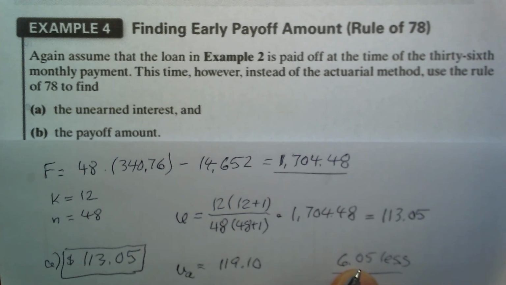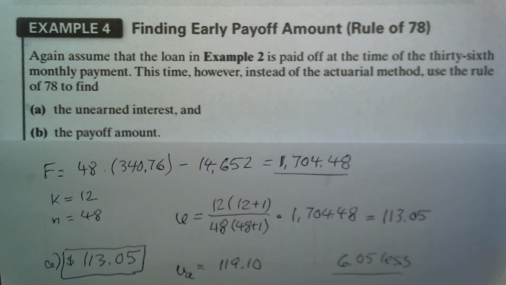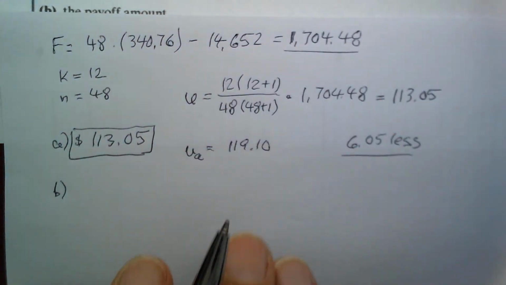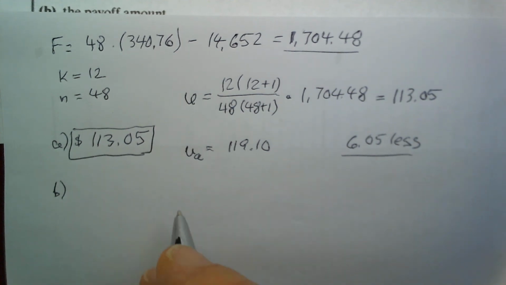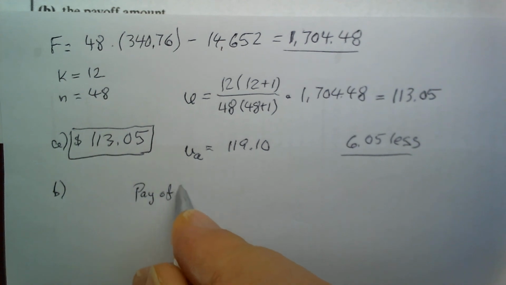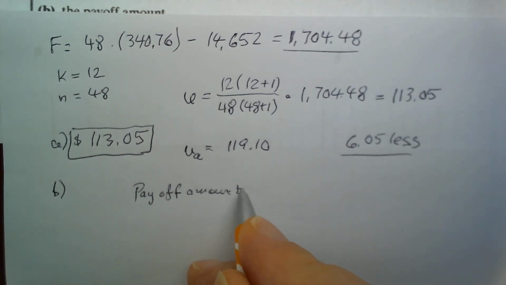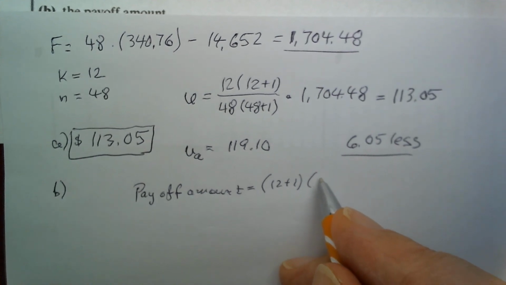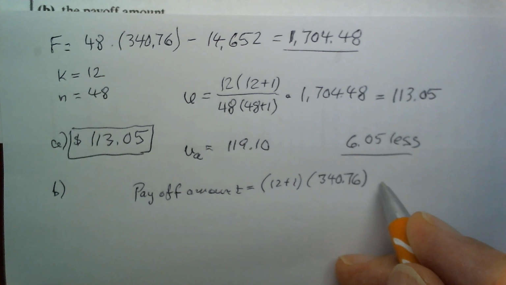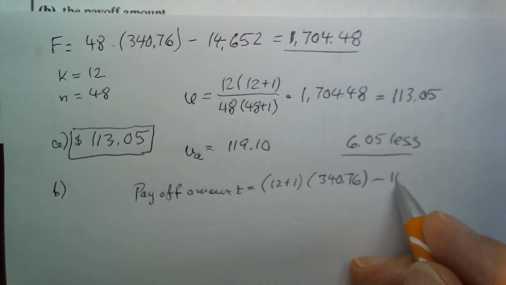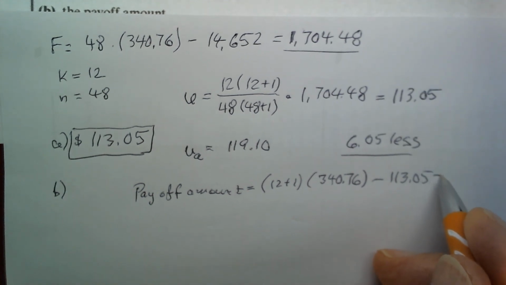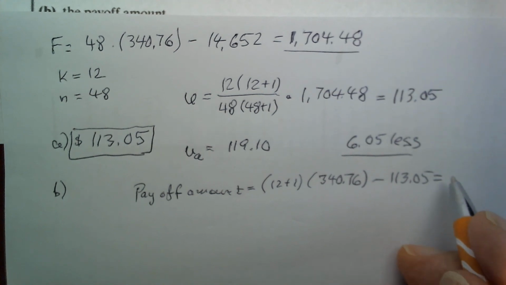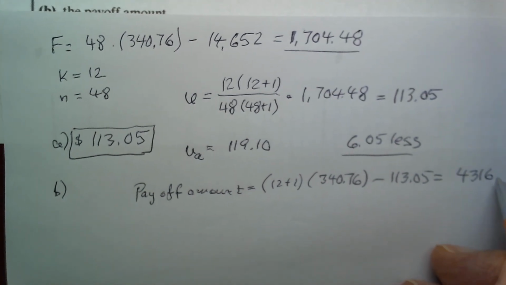And now we compute the payoff amount, the B part. The payoff amount is equal to 12 plus 1 times 340.76 minus 113.05, the unearned interest, and that is equal to 4,316.83.